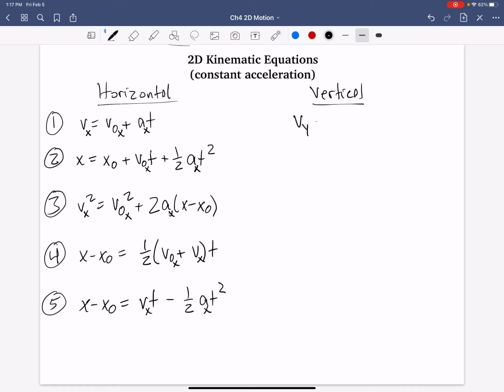For the vertical direction, Vy equals V naught y plus a y times t. Now, instead of x, it's in y. Why? I don't know. That was a bad joke. Next, y equals y naught plus V naught y times t plus 1/2 a y t squared. This might take you a couple minutes. Feel free to just fast forward. Well, not a couple minutes, but it'll take me a little bit.